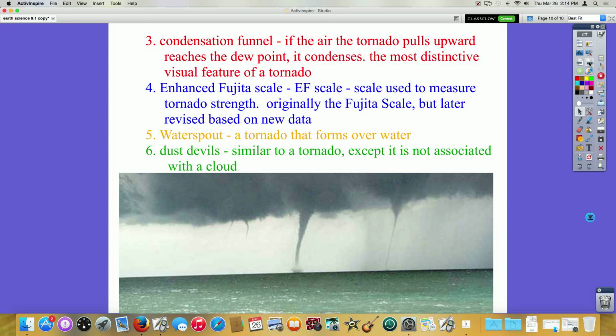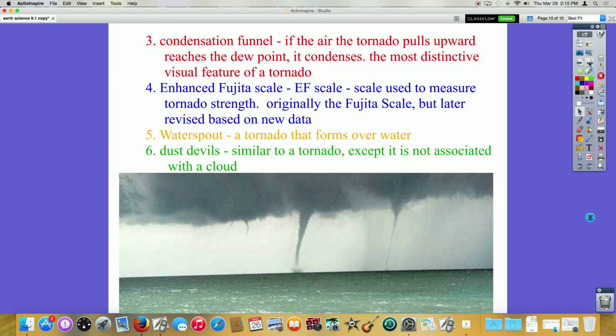When I said the word tornado, this is probably what you thought of. The air the tornado pulls upward reaches the dew point. It condenses. This is the most distinctive visual feature of a tornado, that swirling cloud with maybe dirt and other debris in it as well, reaching up into the cloud. So the condensation funnel is the most visible part.